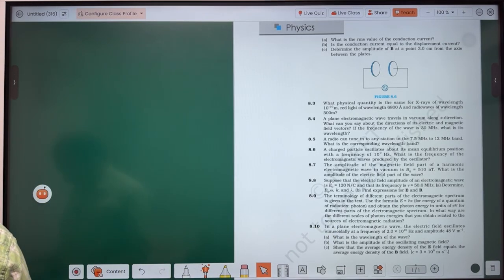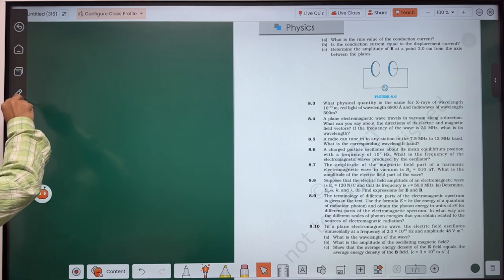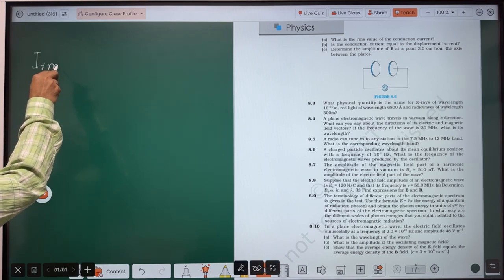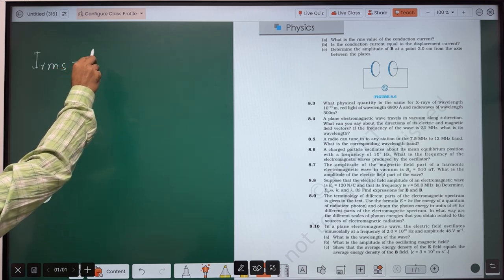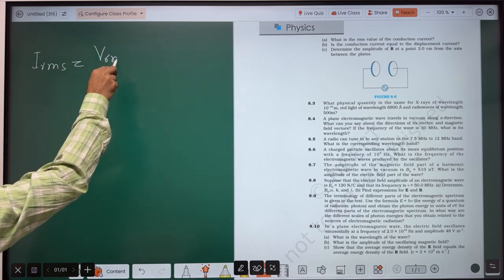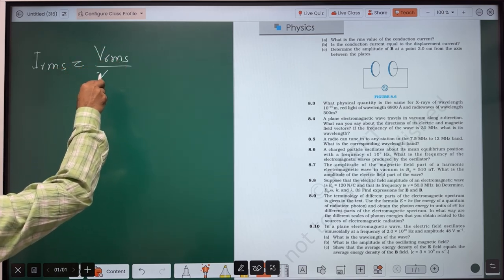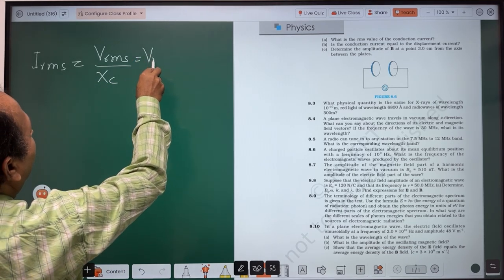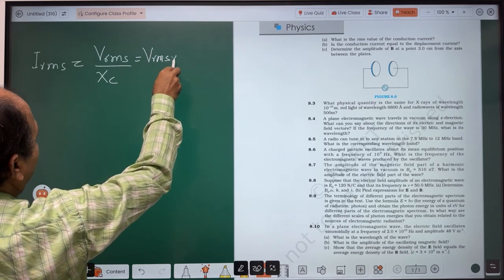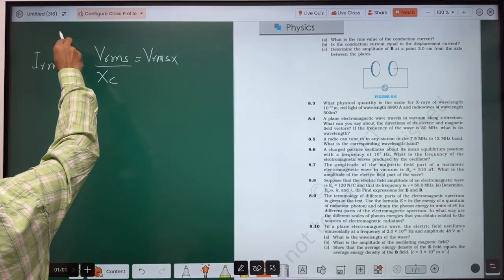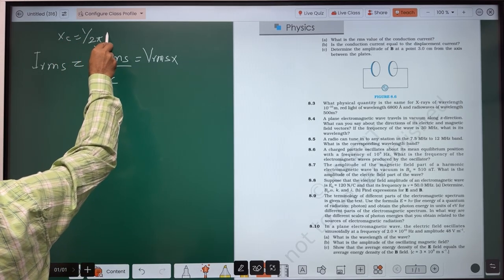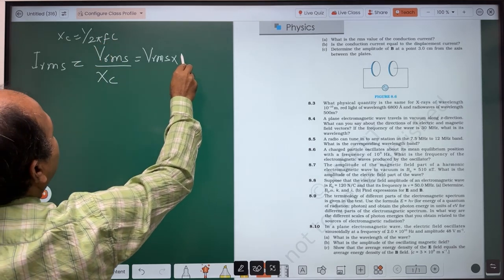So let's try. First of all, we need IRMS. So IRMS will be equal to VRMS divided by XC, and this will become VRMS into, if you remember, XC is given by 1 upon 2 pi FC.